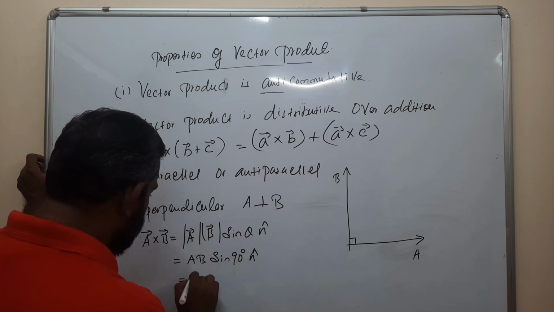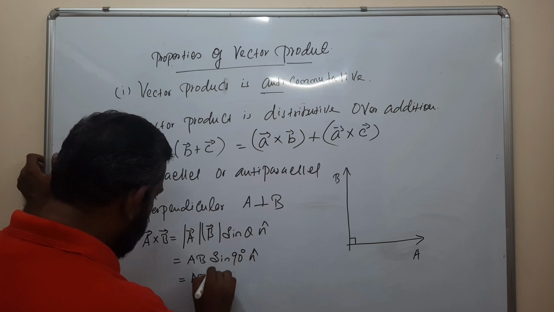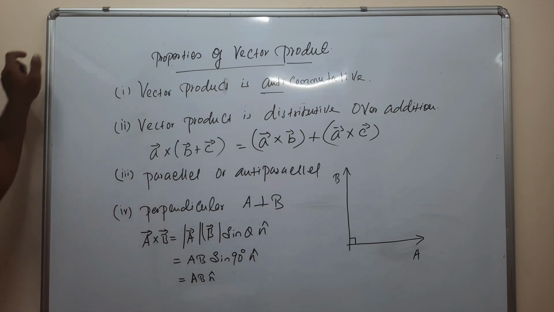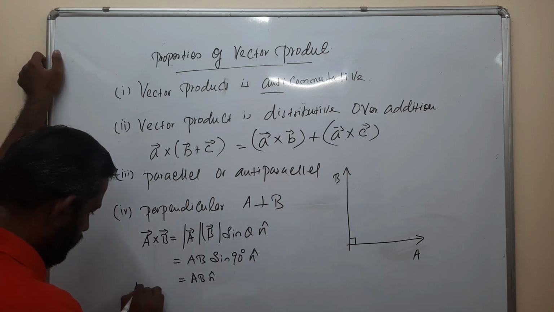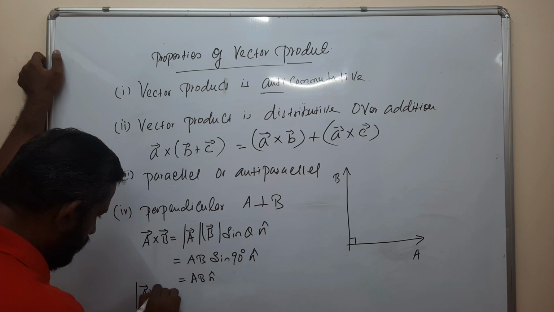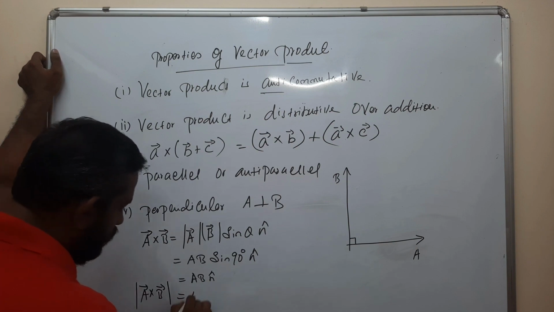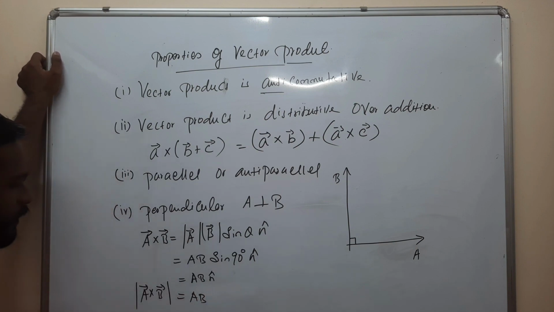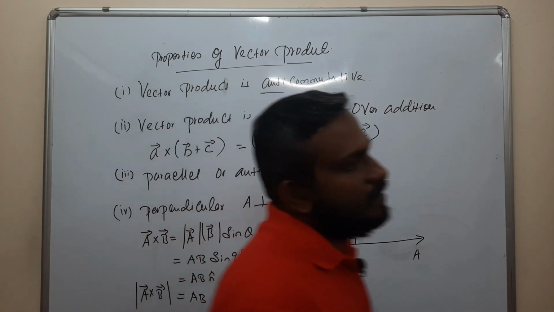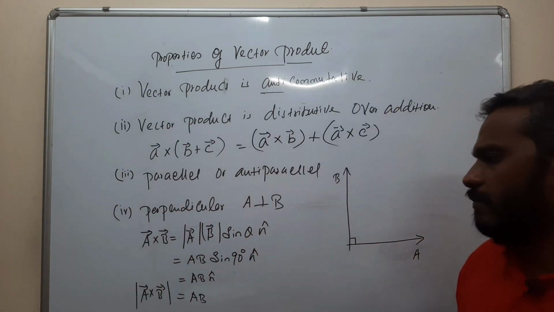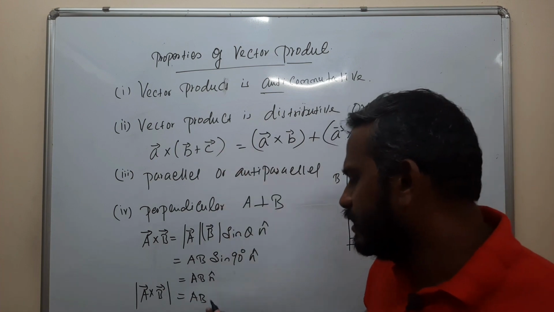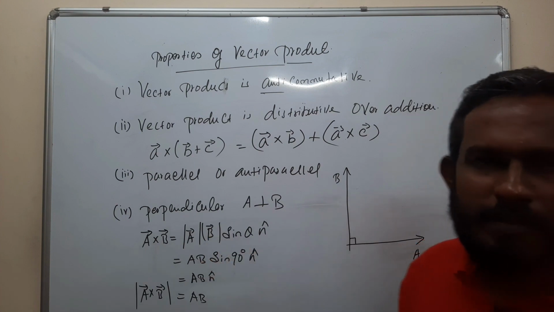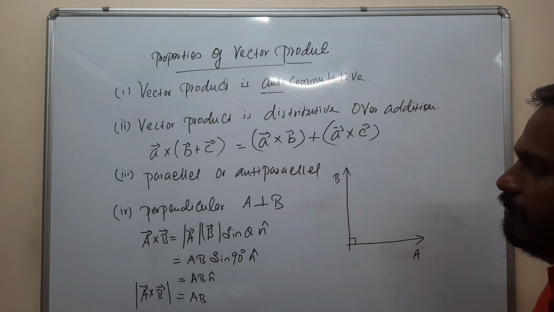So that's equal to AB n cap. So the modulus of A vector cross B vector is equal to AB. When two vectors are perpendicular, the modulus of the cross product is just the product of their magnitudes only. So clear?